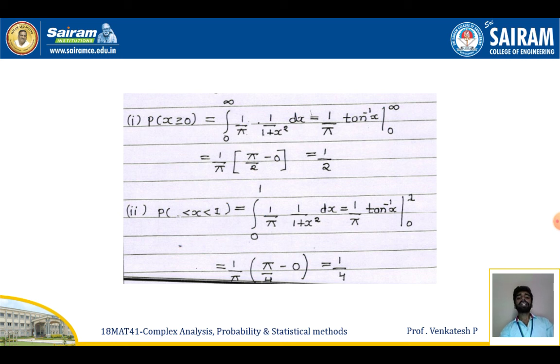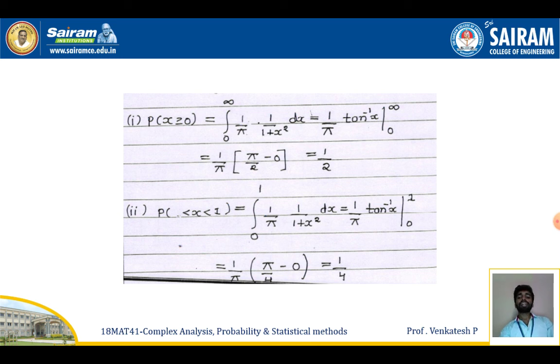After integration, 1 by 1 plus x square gives tan inverse x, with the constant 1 by pi and limits 0 to infinity. On applying the limit I get 1 by pi times pi by 2 minus 0; pi gets cancelled, and the solution is 1 by 2.